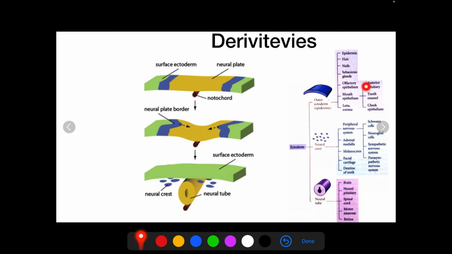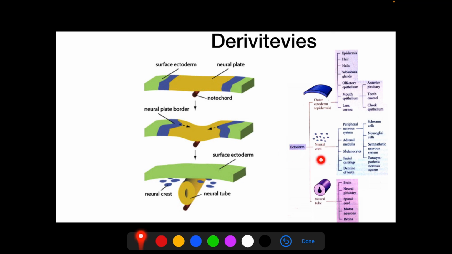We also say anterior pituitary because it's pharyngeal, tooth enamel and cheek epithelium, and also the lens and cornea. The lens is a bulging from the diencephalon, taking a piece of it.